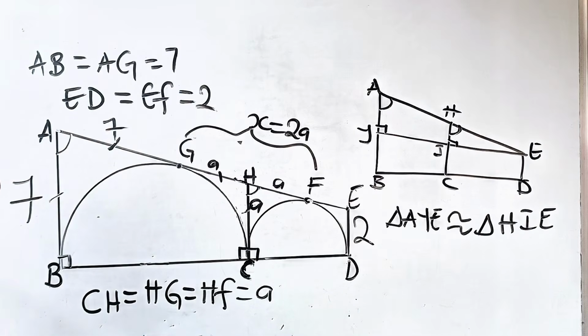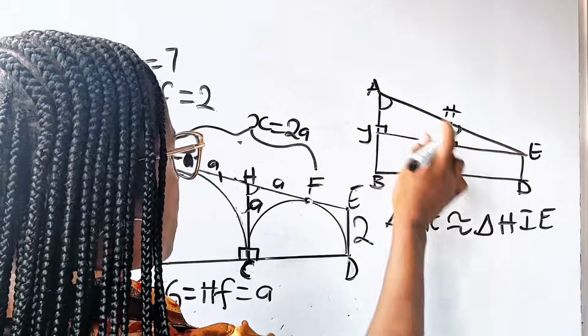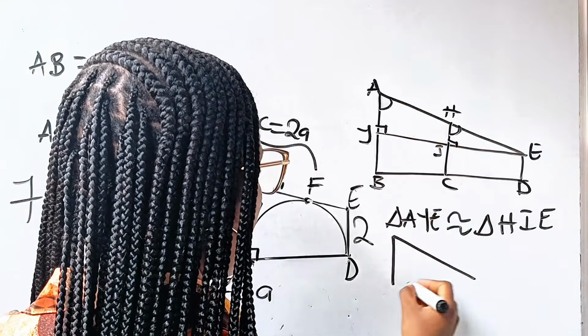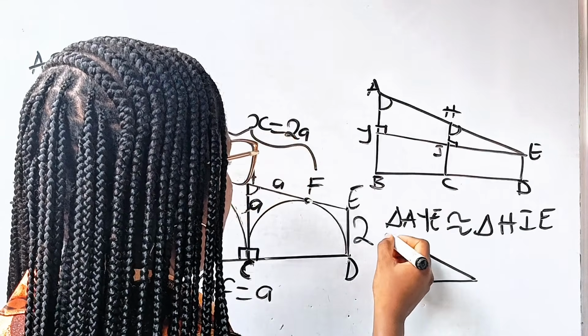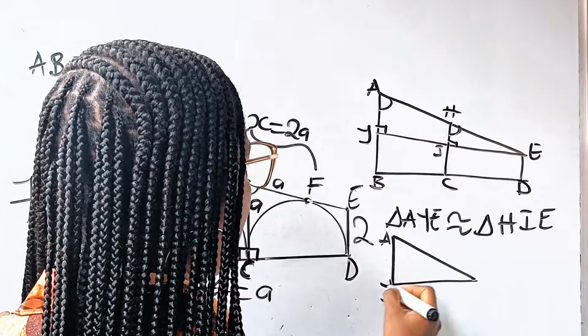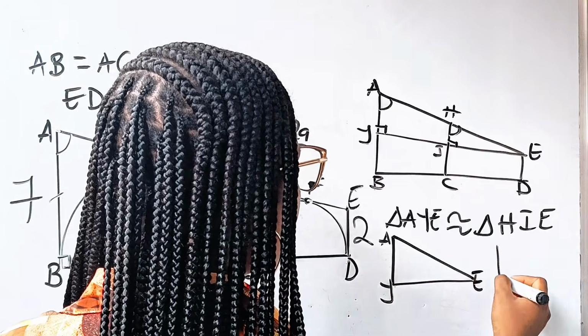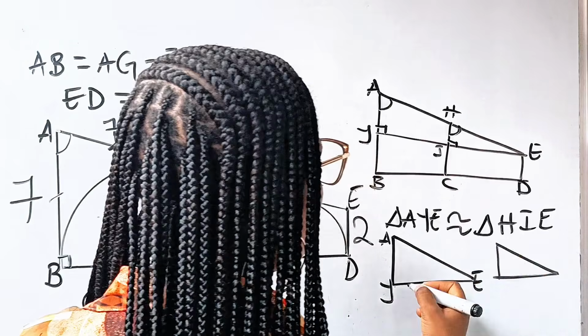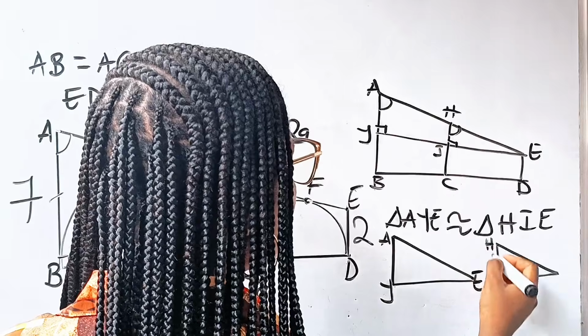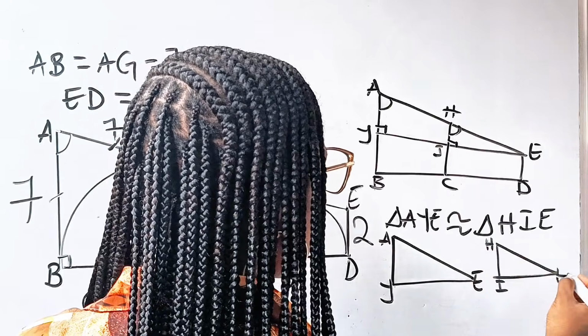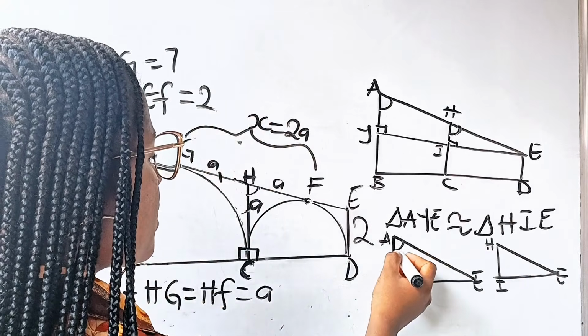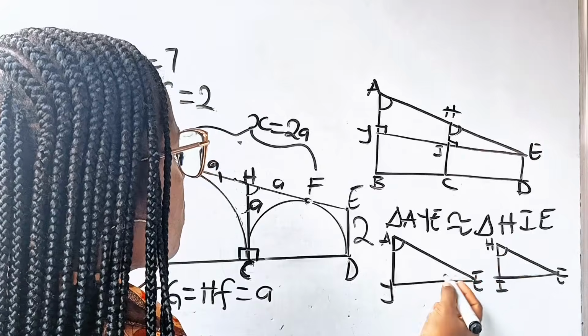Now, let's draw both of them out. This particular triangle, let's call this triangle AYE. And let's call this triangle HIE. Okay? So you can see this is equal to this, right?